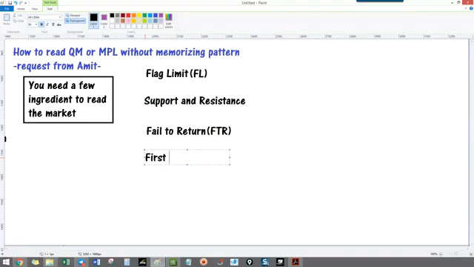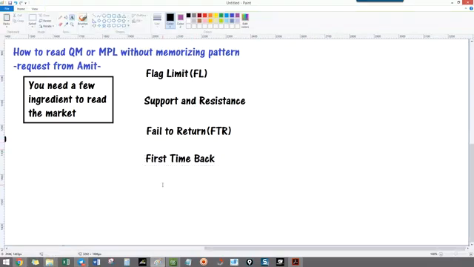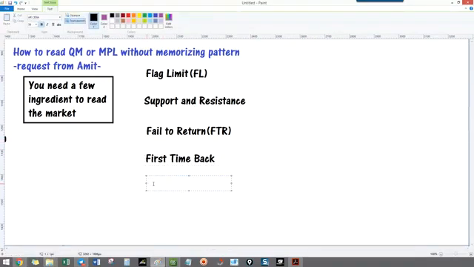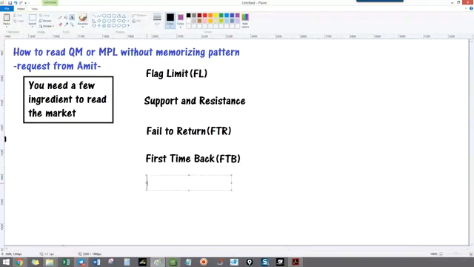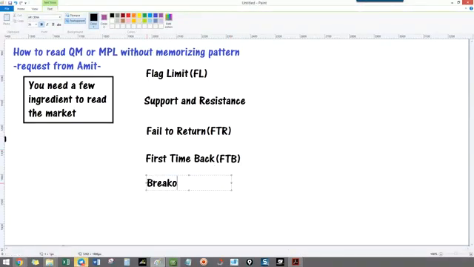and FTB, first time back. The ingredient after fail to return is first time back. This is FTB. And you need a breakout, BO. These are the ingredients you need to read QM without having the pattern itself.